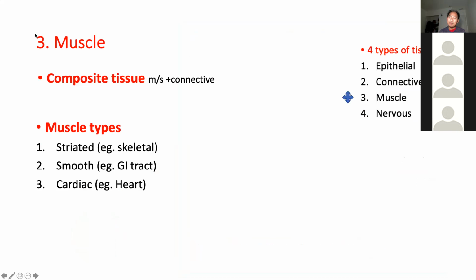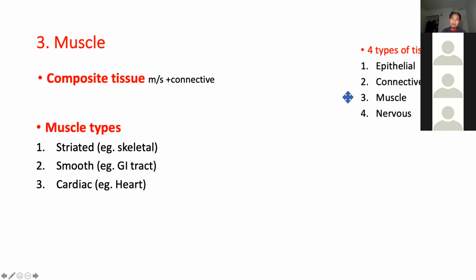So number 3 type of tissue is mast cell tissue. And mast cell is a composite tissue because it is a combination of mast cell tissue, which is wrapped and glued together by the connective tissue. So a mast cell is a composite tissue, made of mast cell tissue plus the connective tissue.